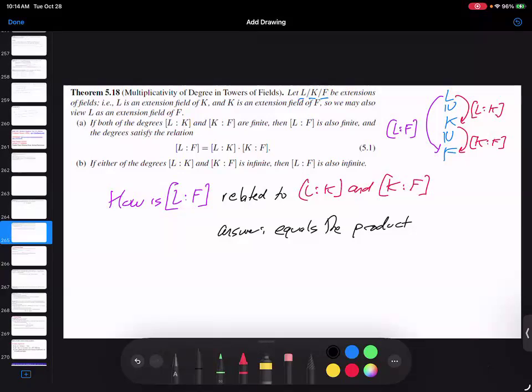So for example, we could have, let's say, the reals, and we could have the complex numbers. Anybody want to guess what the degree of the complex numbers over the reals is?